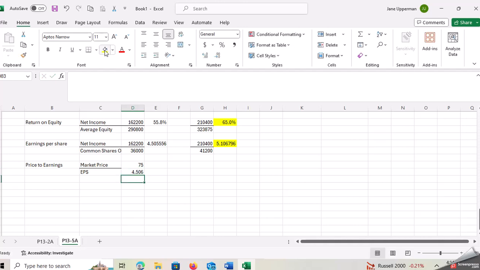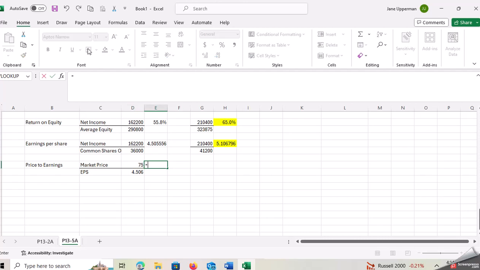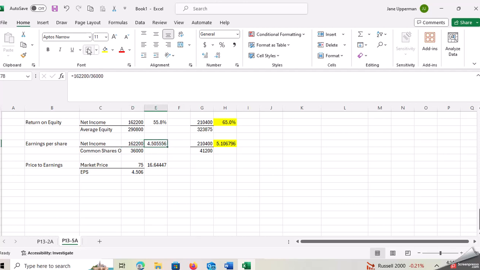We'll go out that many decimals. How about that? Okay, so 75 divided by 4.506. Again, I was getting that just from up here because the earnings per share is the bottom part of this computation. So then the price to earnings is 16.6.